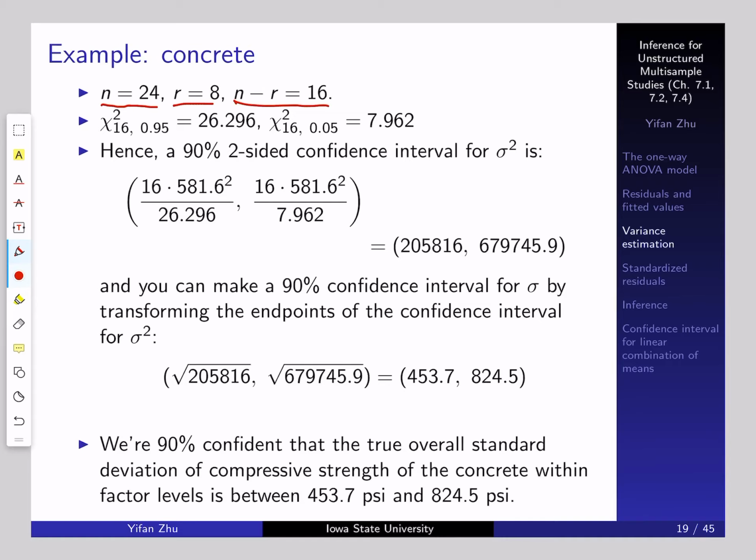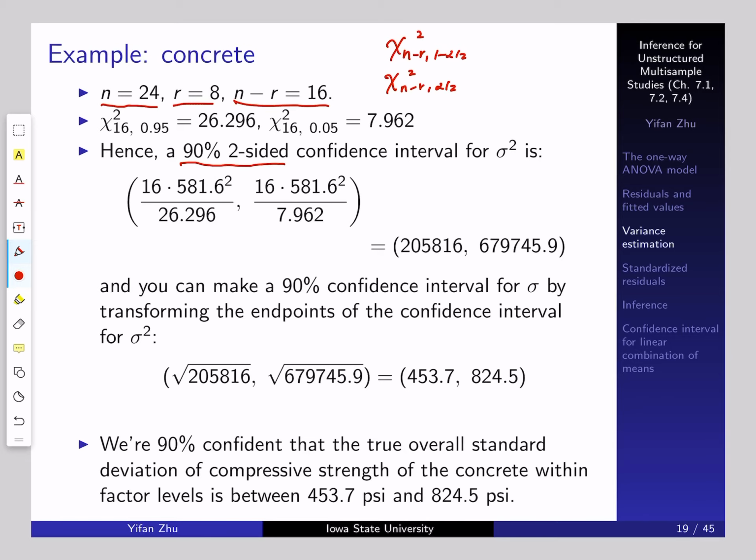And for the 90% two-sided confidence interval, we will need chi-squared n minus r 1 minus alpha over 2, right? And chi-squared n minus r alpha over 2.